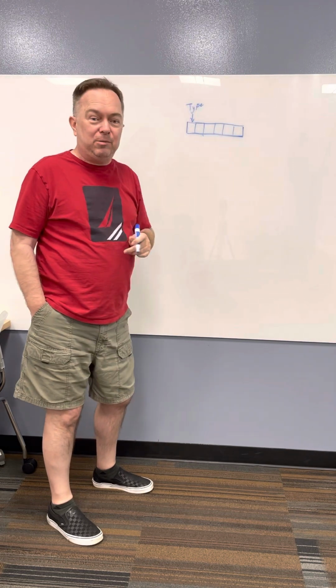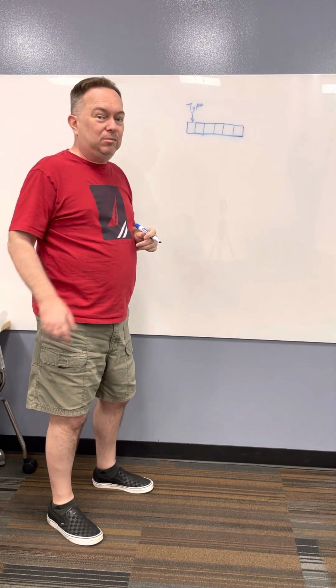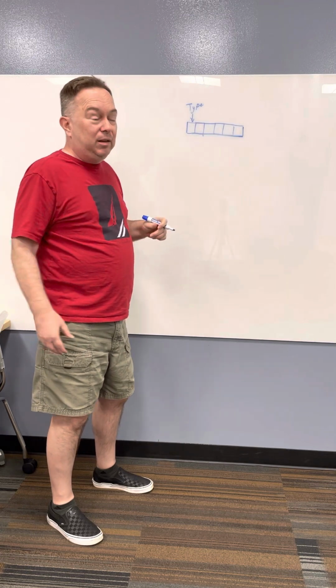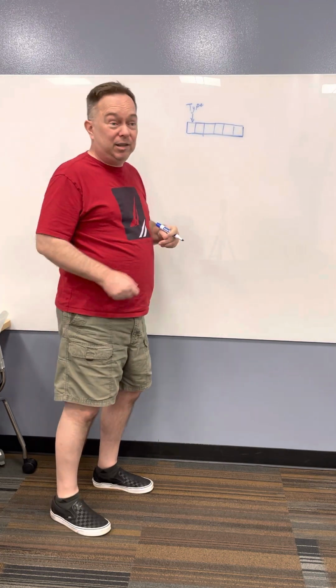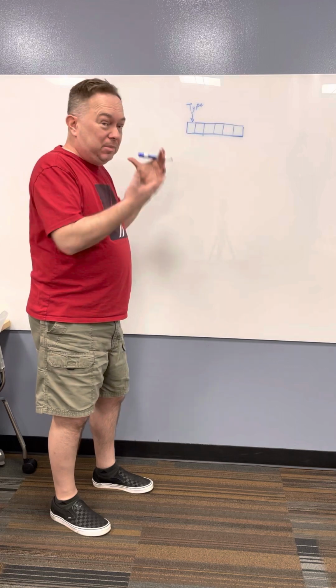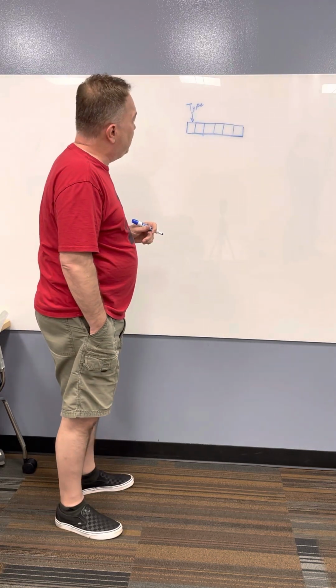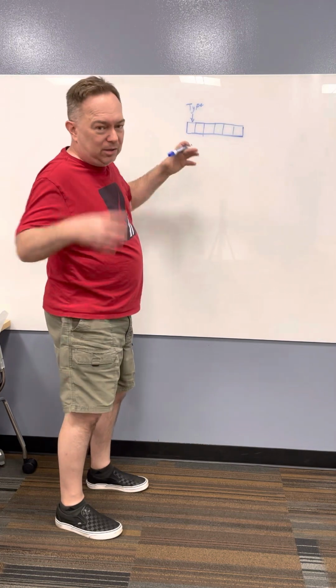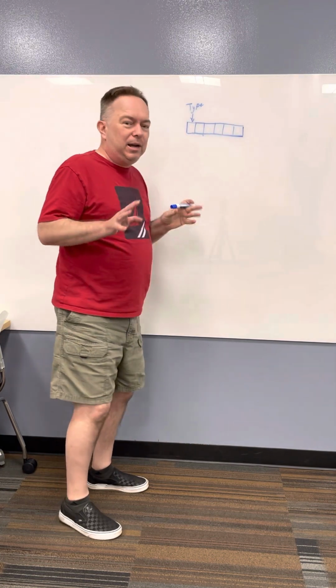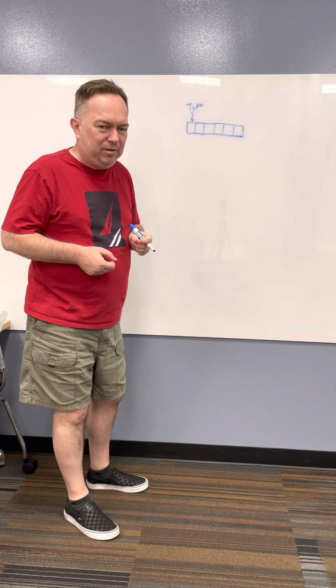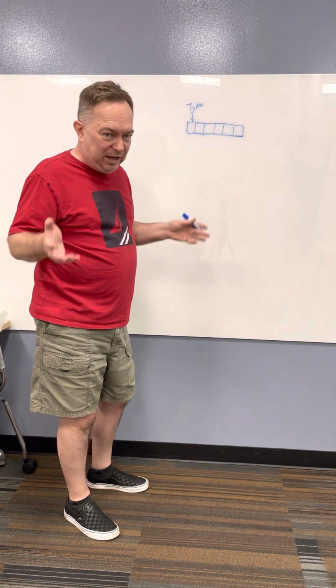We talked about data types before: int, double, boolean, string. It could even be a class, like shape. It's just some type, a list of those things. And they're always consecutive, so they're all together. Now, the thing about an array is you have to know how many you're going to need. You can't change it later.